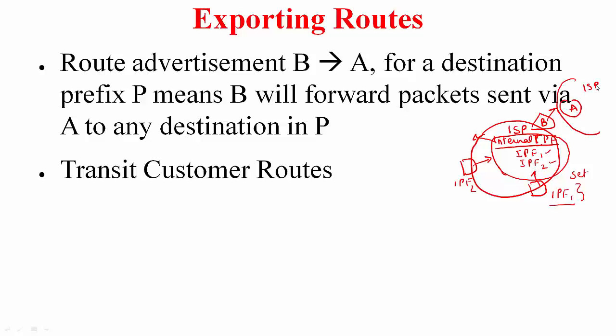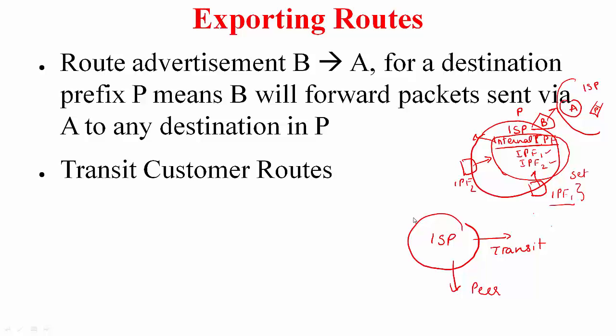Now, if B were to advertise a given IP prefix, say P, it is basically telling A that if you send me a packet with the destination as P, I will deliver that packet to the intended destination. So that is the service B is providing to A. If you don't want to provide certain service, you should ensure that you do not advertise the prefixes to this router A. So this will become clear as we proceed further.